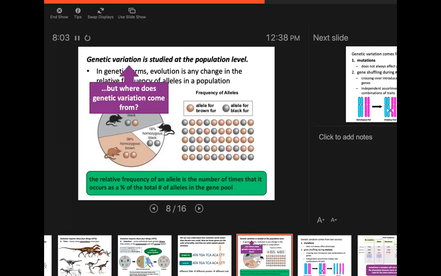But where does genetic variation come from? What have we talked about with variation? That takes us back to meiosis. Where can we get genetic variation from? Sexual reproduction. Mutations. Crossing over, very good.